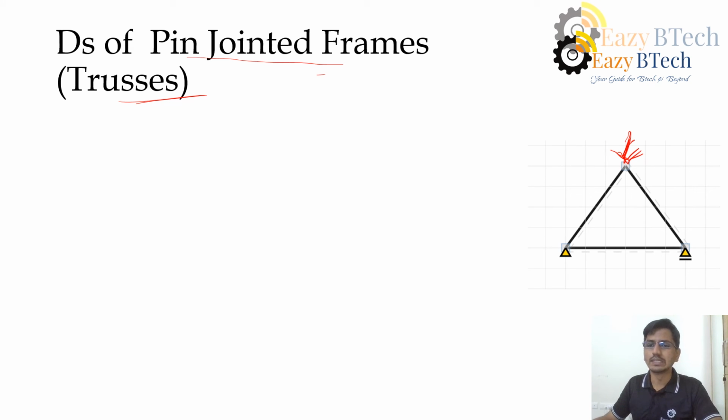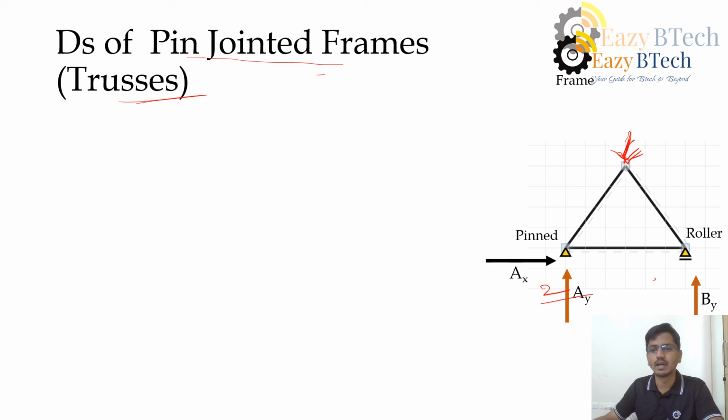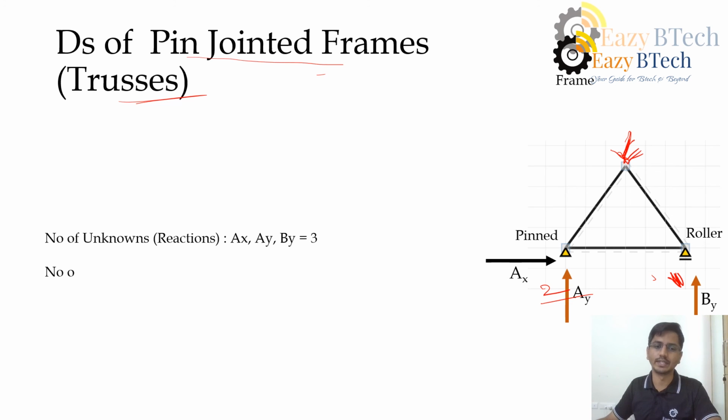Now consider this truss. We already know this is a simply supported truss where one end is pinned and the other end is a roller. So we have two reactions at the pinned end and one reaction at the roller end. Now let us find the degree of static indeterminacy. Similar to the previous problem, for all trusses we have external indeterminacy and internal indeterminacy, that is DSE and DSI.